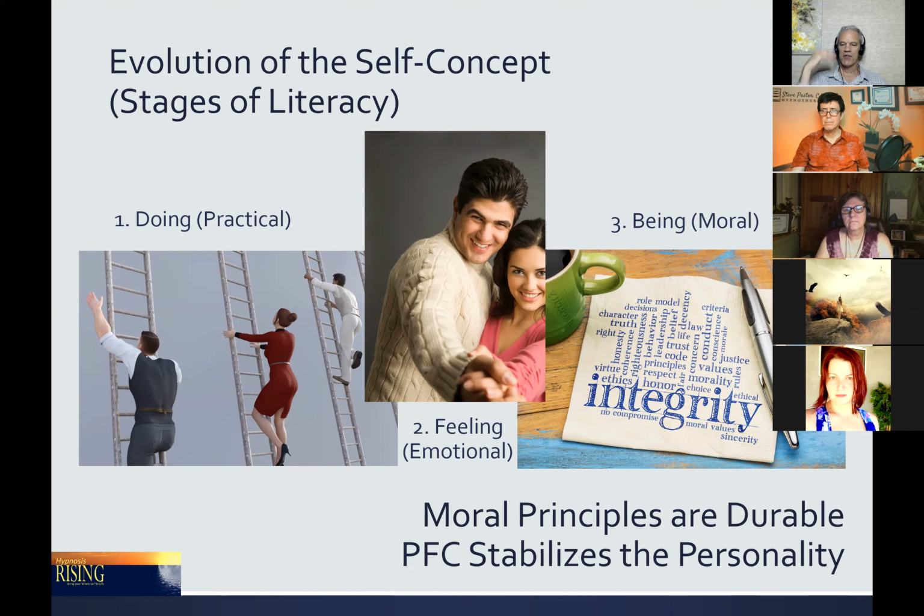So what happens is that this self-concept sits at the top of your personality, and you can be honest in any situation. You can be compassionate in any situation. And so now you are anchoring everything else beneath you.